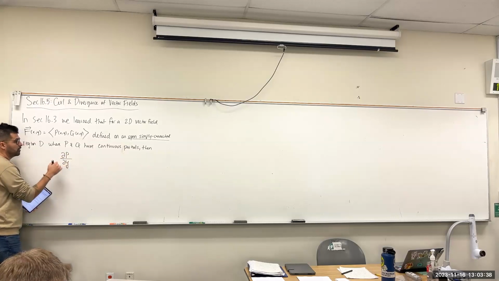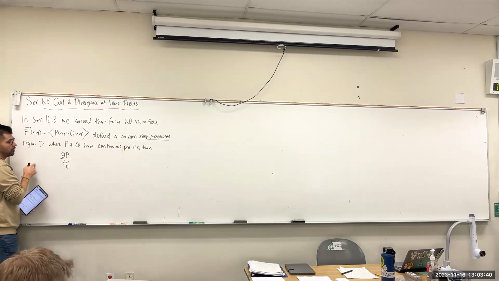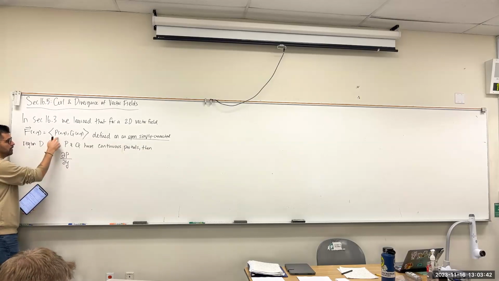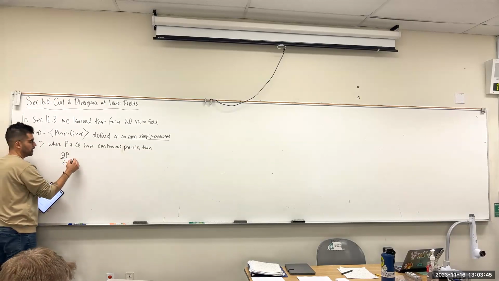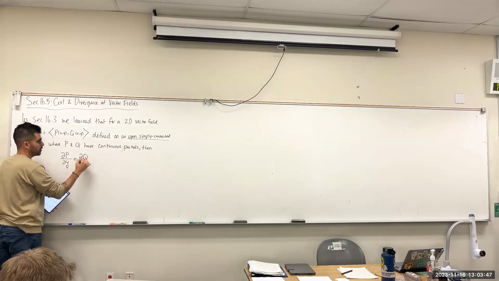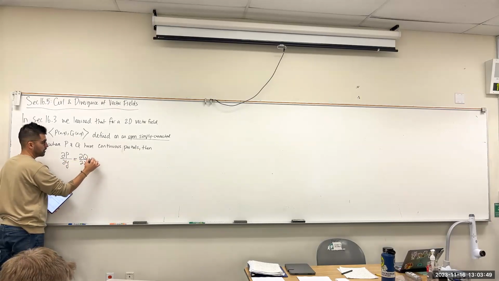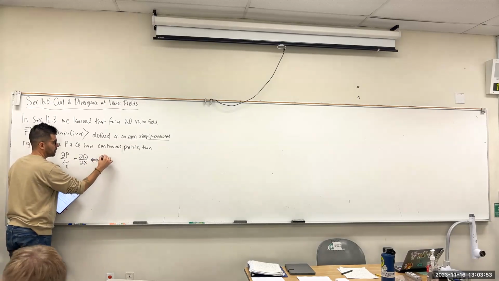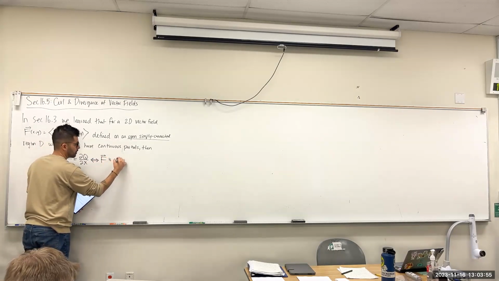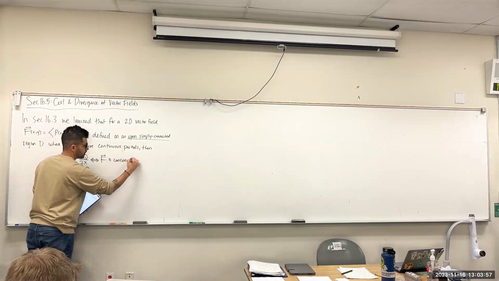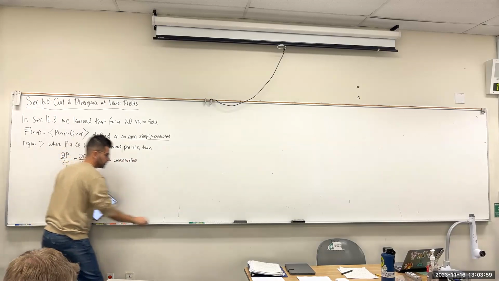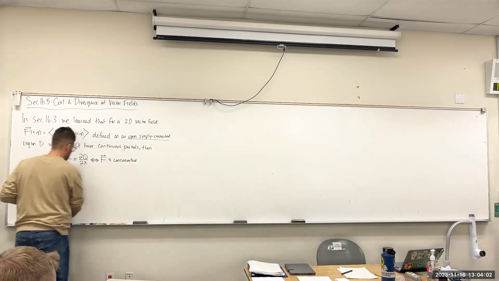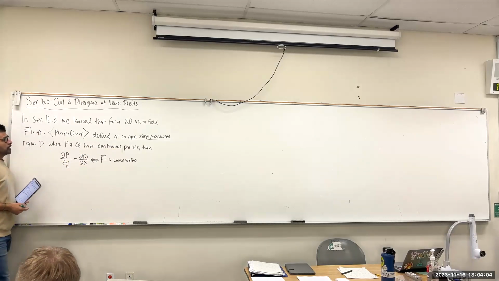You take the partial derivative of the x function, or P, with respect to y, and if it equaled the partial derivative of Q with respect to x, that was equivalent to saying that F is conservative. That was part of what we did Tuesday, the second half of class.